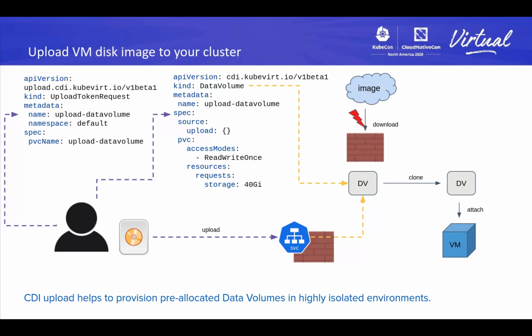With an asynchronous approach, the connection will be closed as soon as the disk image has been transmitted. However, you have to check yourself if the process of resizing and conversion is finished. For more details and examples, I encourage you to visit the Containerized Data Importer GitHub page. It's a very nice project which solves many issues regarding volumes and disks management.